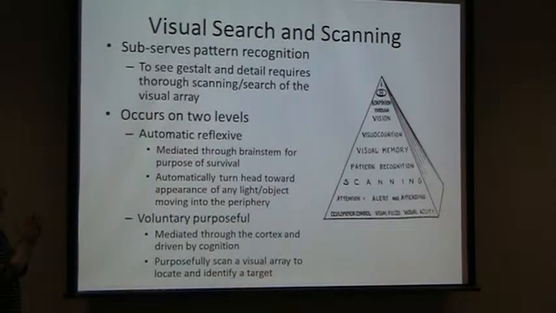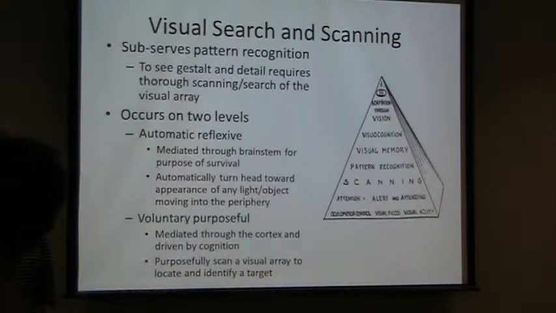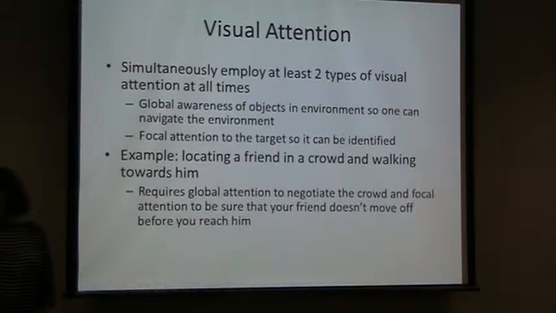Then there's voluntary purposeful, which is through the cortex. It's a newer skill in the history of our development as a species, driven by cognition, and you're purposely scanning a scene or visual array so that you can locate and identify a target.